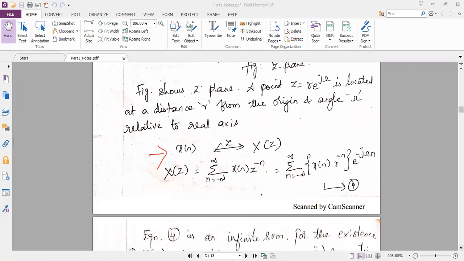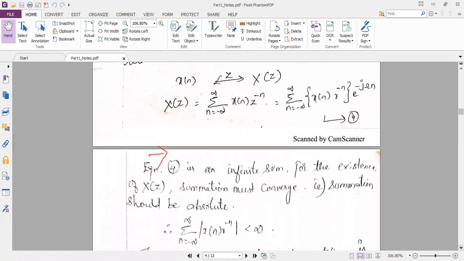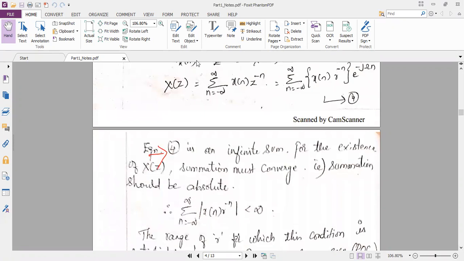In this equation 4, we have the summation, as I said earlier, n equal to minus infinity to plus infinity x of n r power minus n, leaving this exponential. If that is less than infinity, then we can say this complete summation must converge. So you should take the magnitude of x of n into r power minus n.